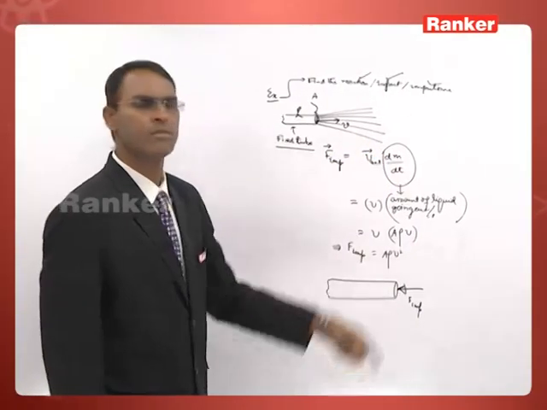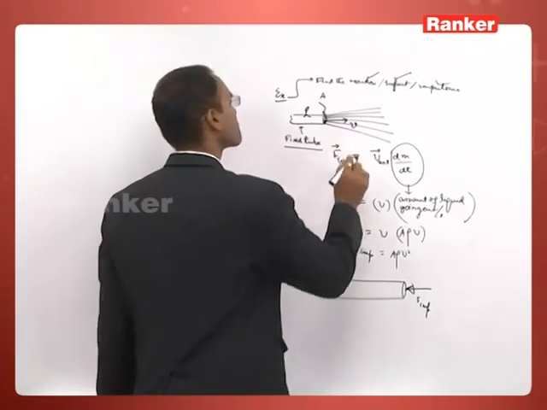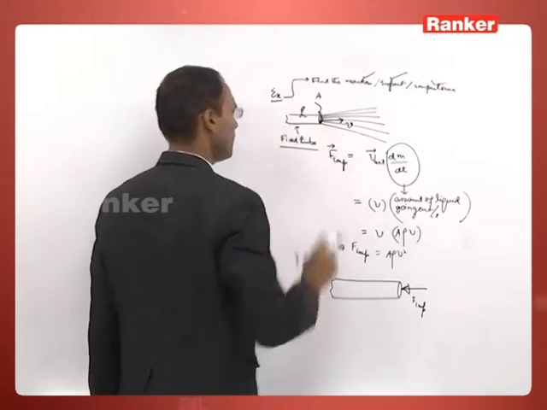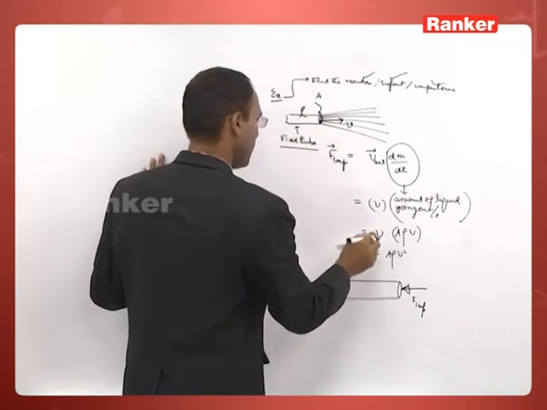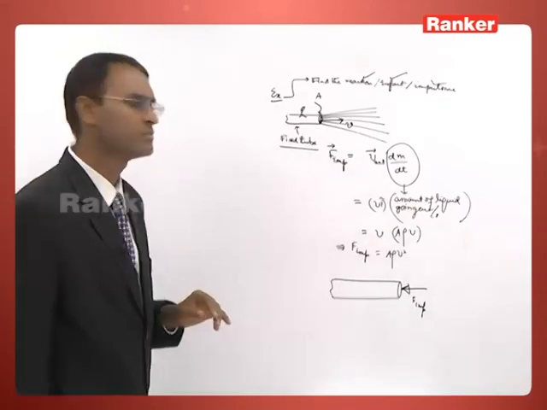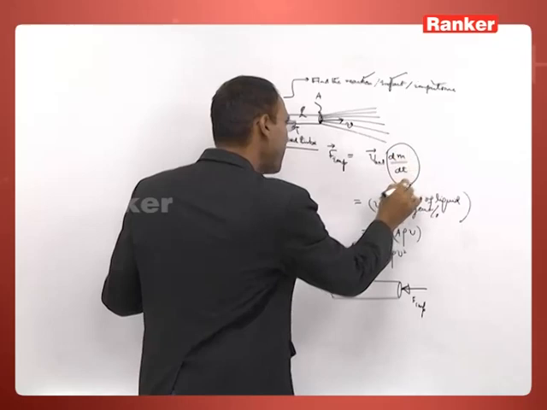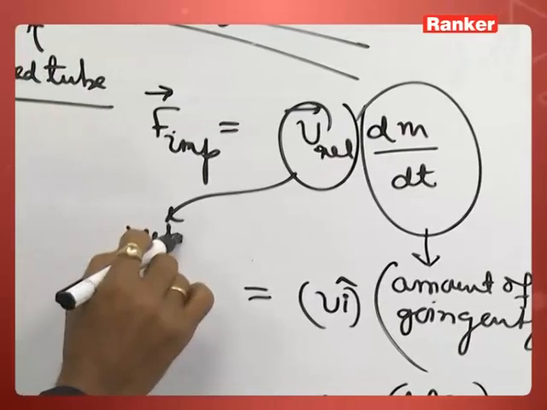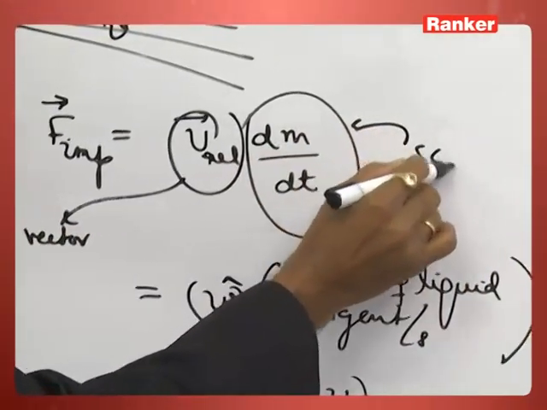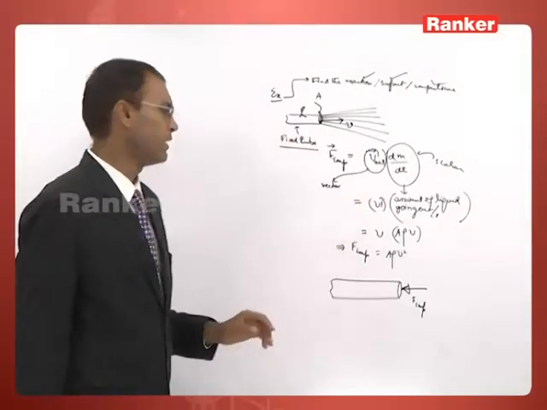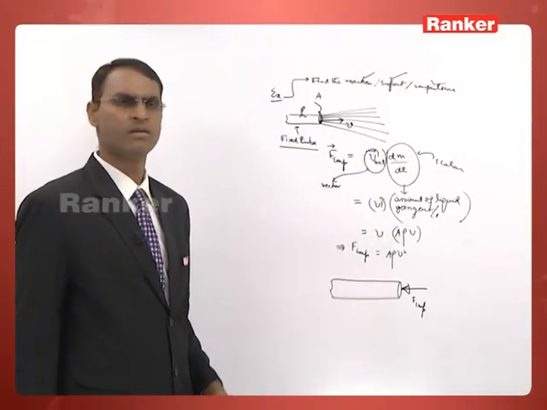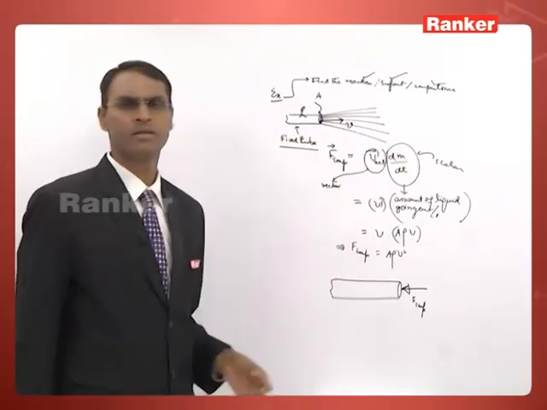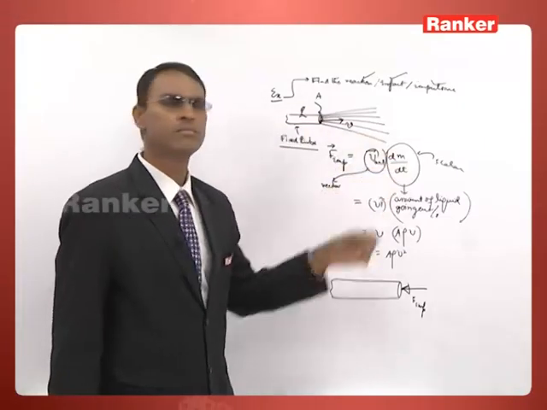If you look at this term, U relative or V relative, velocity of the outgoing liquid with respect to the tube is in positive direction. Whereas this factor, this is the vector quantity, this factor is a scalar. It can be positive when the mass of the system increases. It can be negative when the mass of the system decreases.